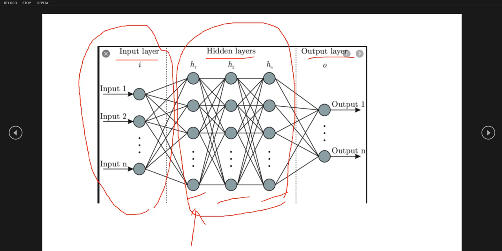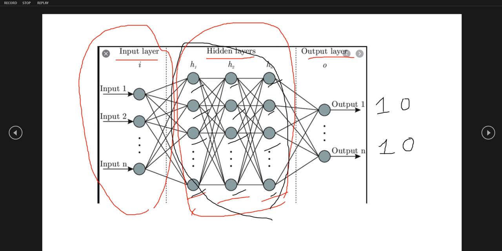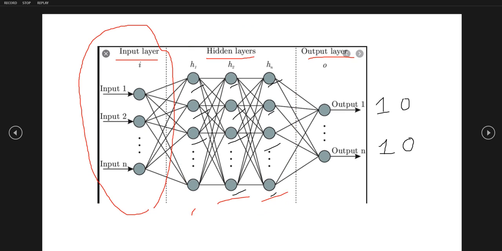And the job of all these circles is to work out an algorithm, to work out how to make this 1 when it has to be 1, and how to make this 0 when it has to be 0, and how to make this 1 when it has to be 1, and how to make it 0. So that's the job of these guys, okay? All these circles in the middle, their job is to make the output correct, whatever the question is, right?